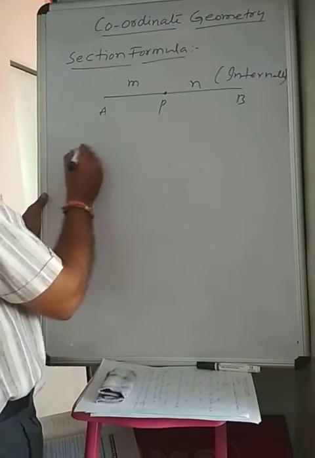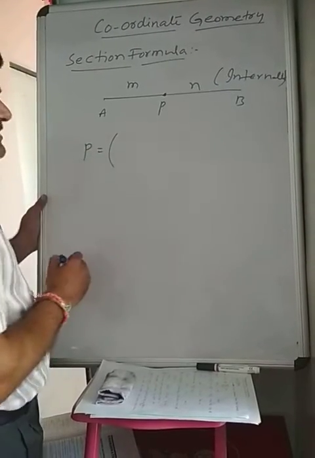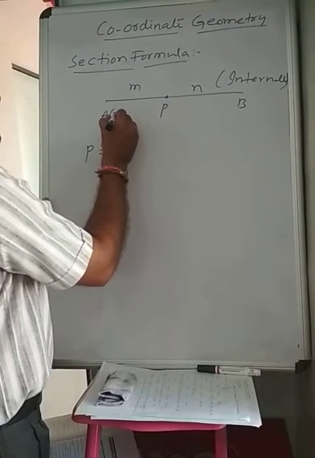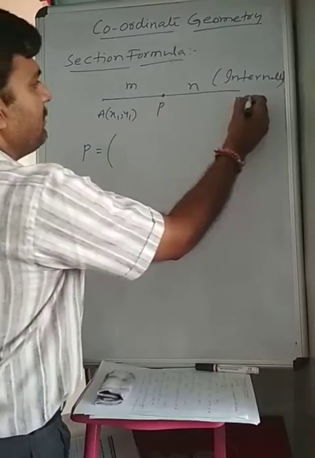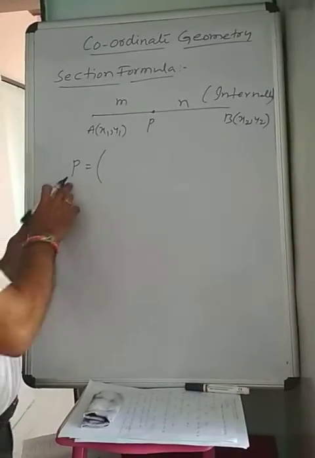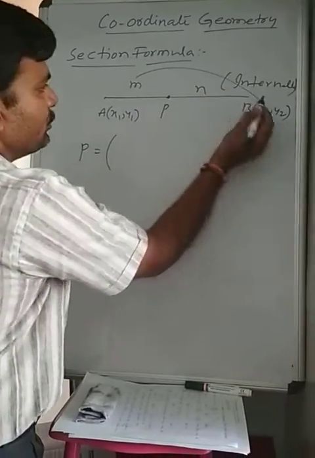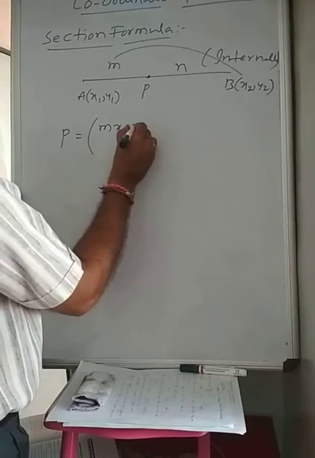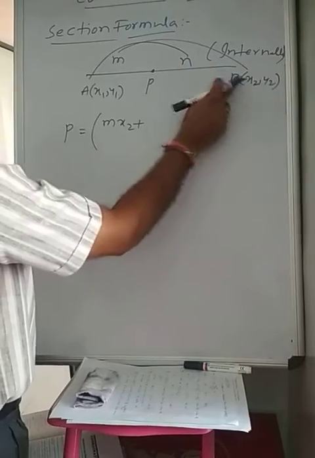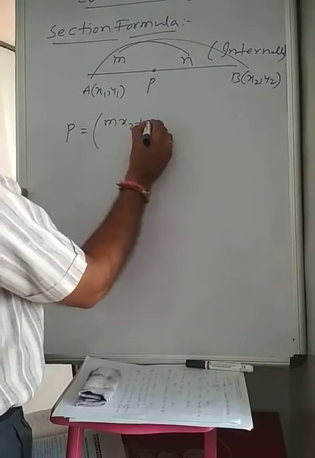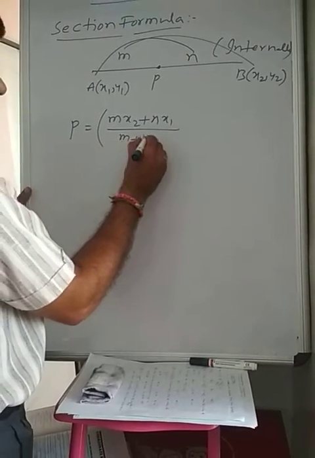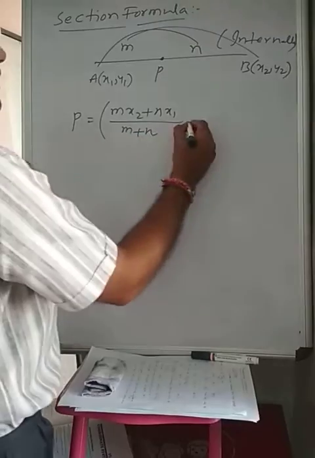Then the coordinates of P: let us take the dividing points A (x1, y1) and B (x2, y2). Then the coordinates of P are (mx2 plus nx1) divided by (m plus n), comma.